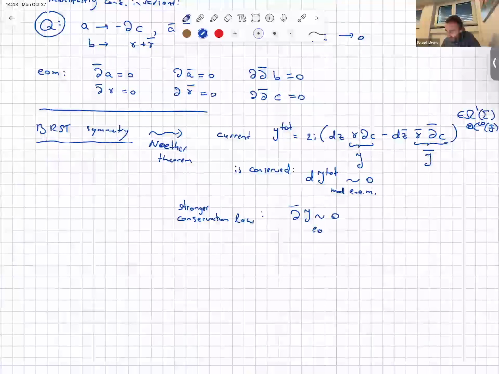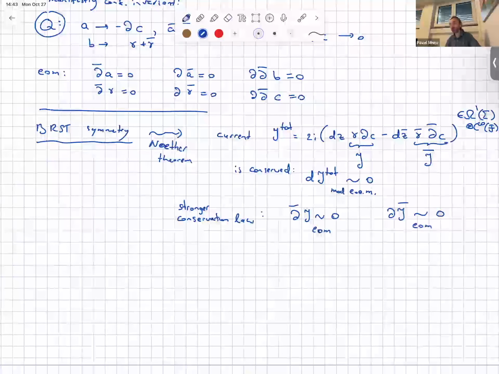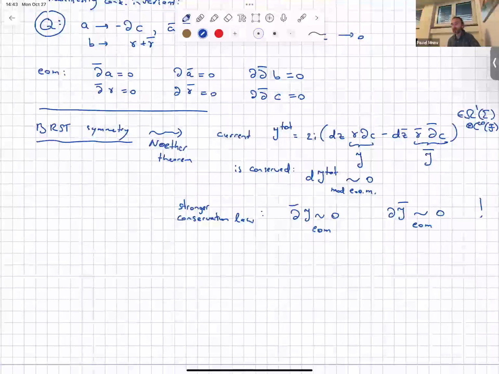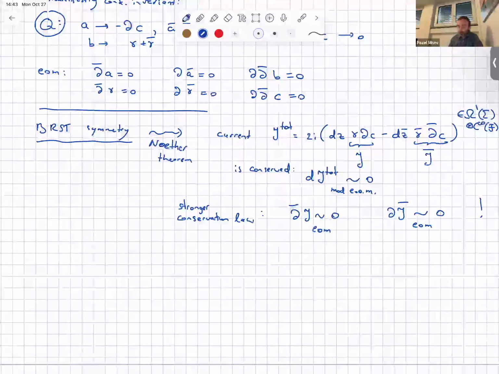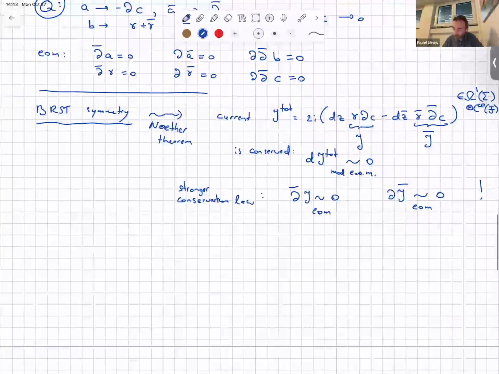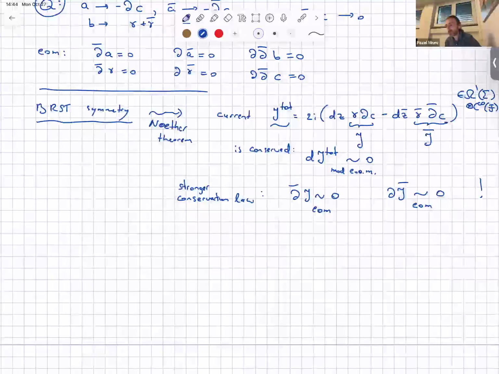So this is a stronger statement. That is one interesting object we can extract from the fact that this is a BRST theory: the conserved current J tot. Another conserved quantity that you always have in a field theory is the stress energy tensor.